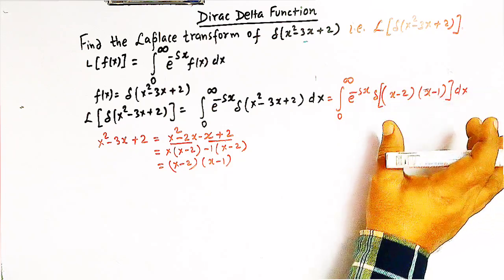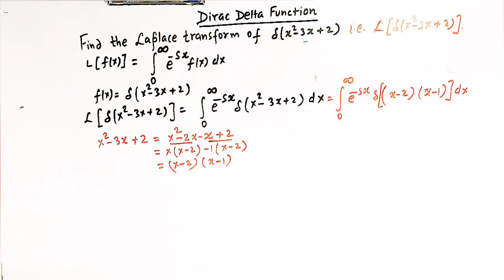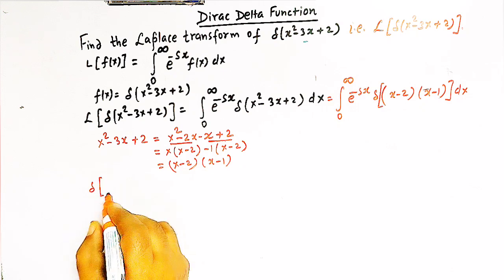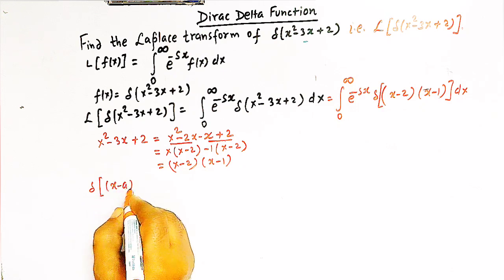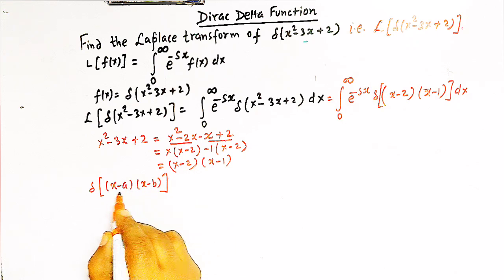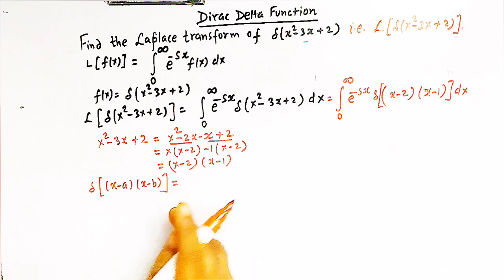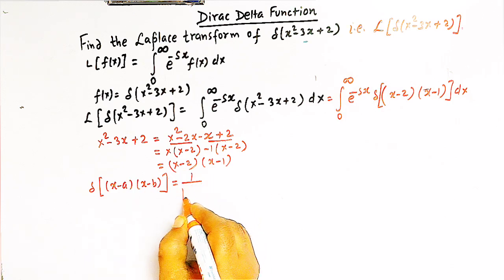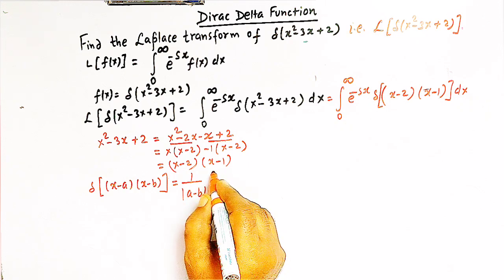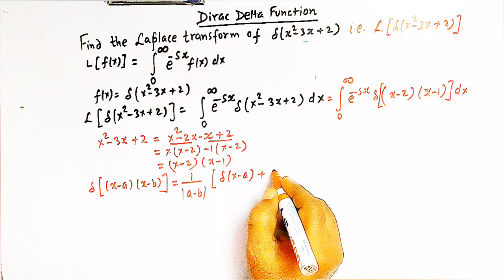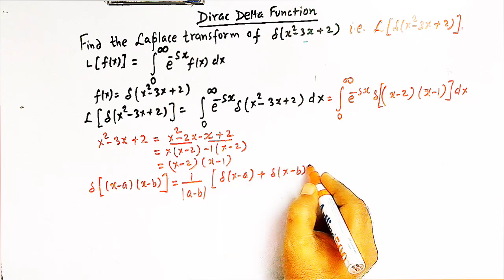And to evaluate this integral, let us make use of one important property of Dirac delta function, which says that if we have delta of x minus a, x minus b, that is the product of two linear factors x minus a and x minus b, then this expression is equal to 1 over absolute value of a minus b, and then we have delta of x minus a plus delta of x minus b.